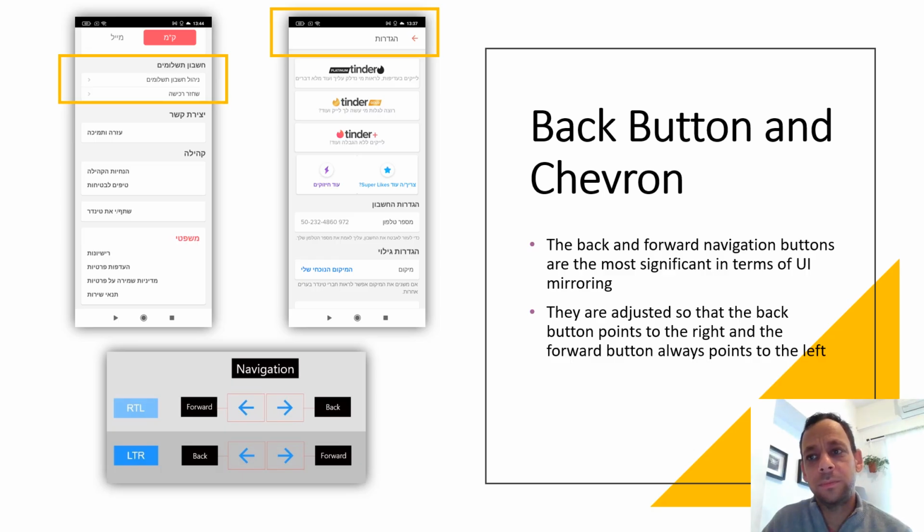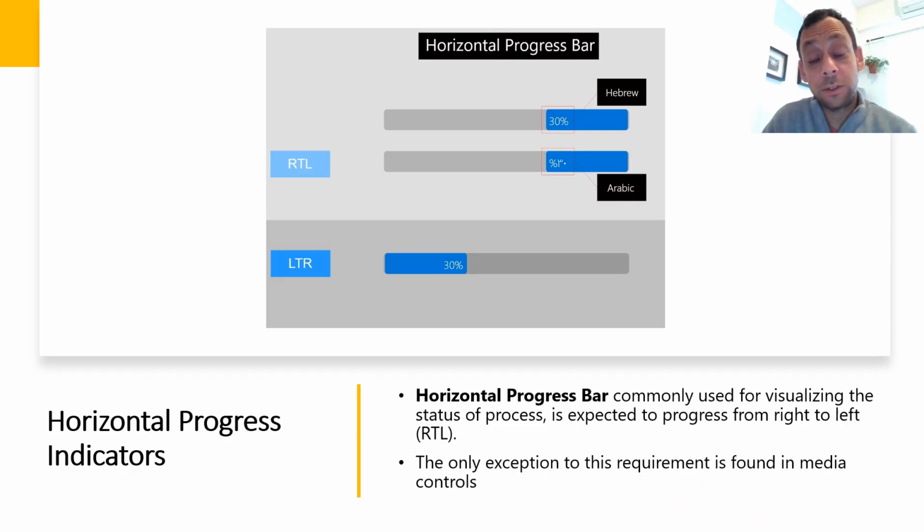Horizontal progress controls are typically mirrored, again with the exception of media controls, and I didn't see a lot of those in the Tinder UI, but thought it would be a great idea to include that anyway. So yeah, they have to flow from right to left, and the other thing you want to consider is that if you're displaying any kind of percentage symbol, those have to be readjusted when it comes to Hebrew compared to Arabic.